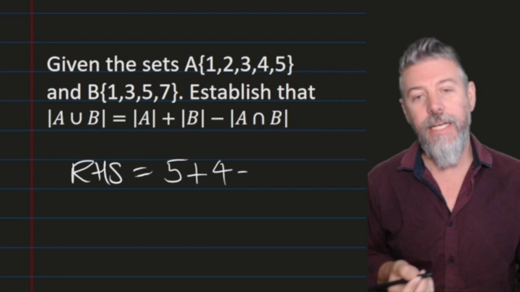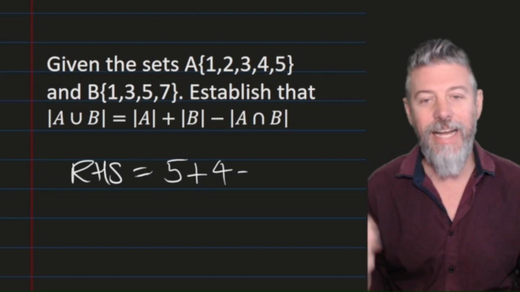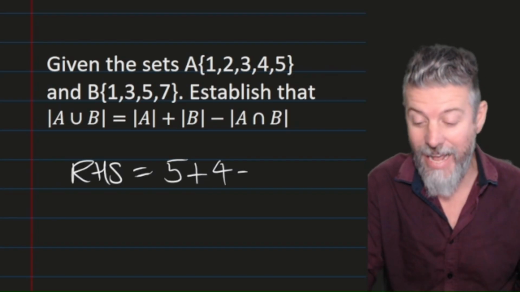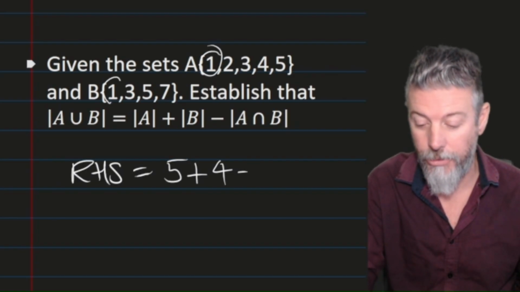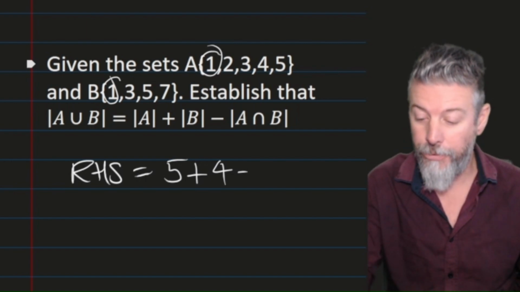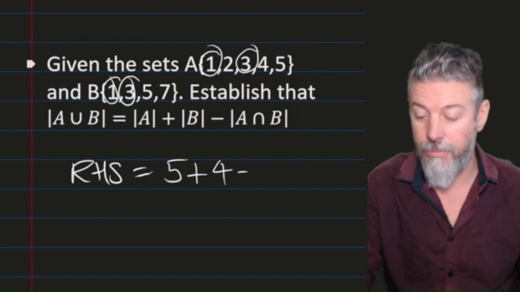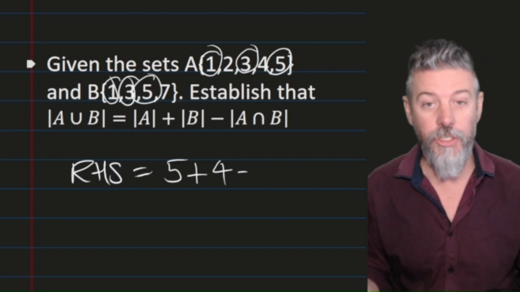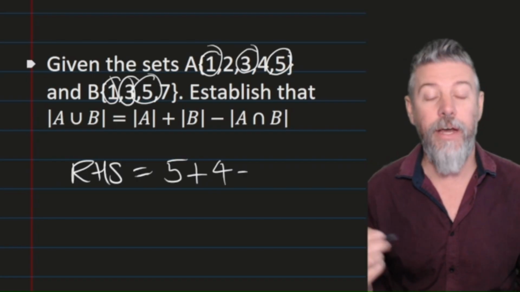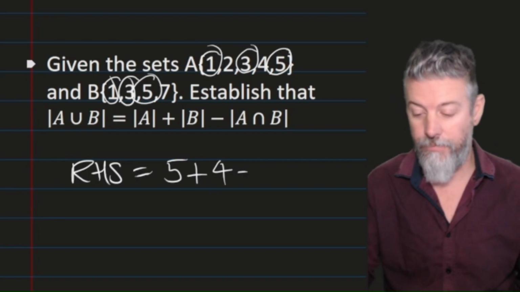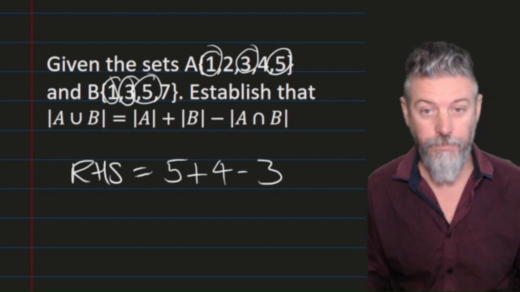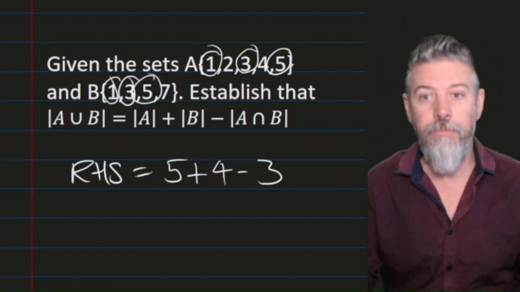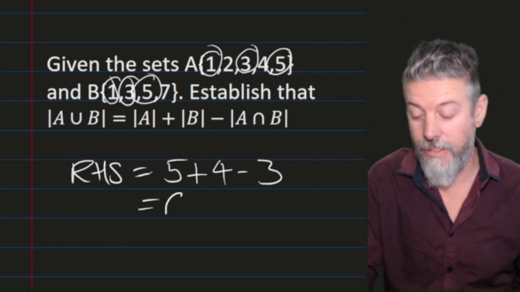Minus, now it's saying how many elements are in A and B. Let's have a look at elements that are in both A and B. So the 1 here is in both A and B. The 3 is in both A and B. And the 5 is in both A and B. So there's 3 elements that are in both A and B. So we would say minus 3. So that's that n looking end relationship that we have. So 5 plus 4 is 9, minus 3 equals 6.